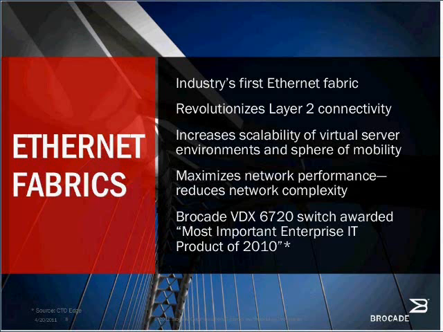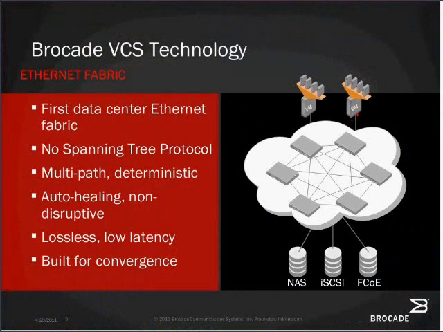So let's talk a little bit more about fabrics themselves. As we look at the Brocade VCS technology, which stands for Virtual Cluster Switching, that's the technology we use to build the Ethernet fabric. And what it does is it eliminates spanning tree protocol in your environment. So no longer do you have to worry about traversing the layer 2, layer 3 boundary, which inhibits VM mobility.